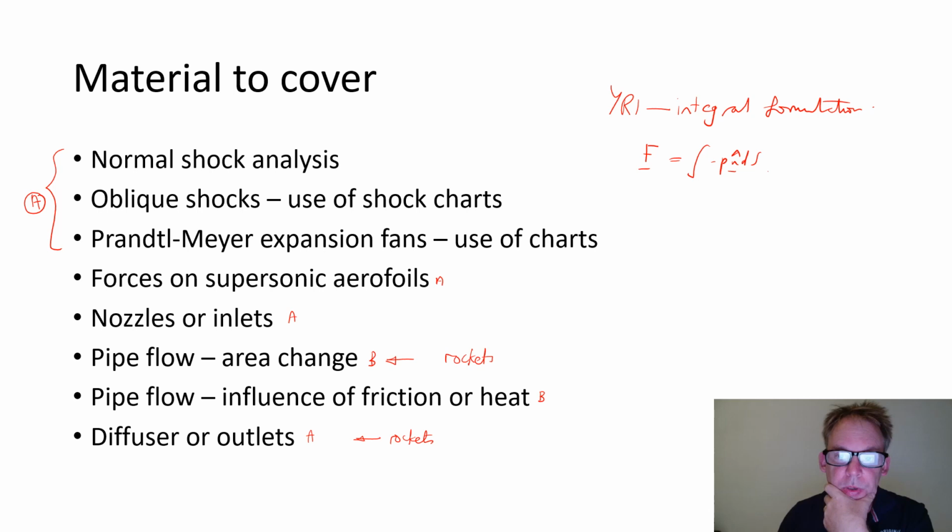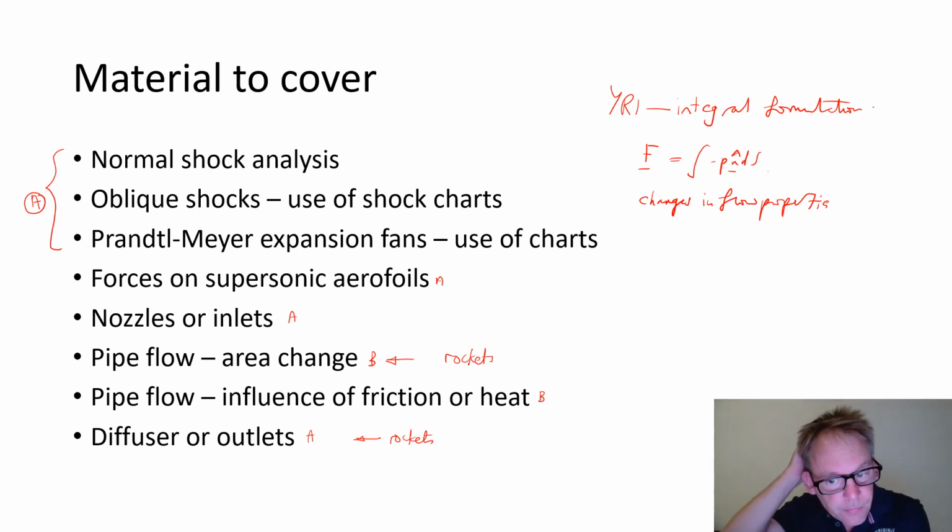We're also going to apply an integral formulation to look at changes in flow properties, which is going to be a big component of the influence of friction and heat on pipe flow. So that's why we study compressible fluid mechanics, and that's an overview of the material we're going to cover. Thank you very much for listening.